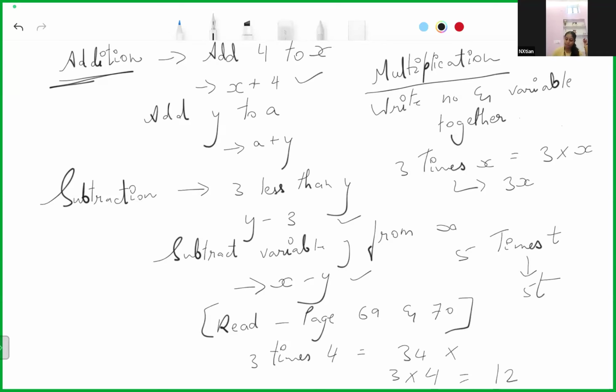But if we have x times y, xy. If we have both variables, we can write it as xy. But with only numbers, we cannot write them together. We have to multiply and then write the answer. But in the case of variables, or when we have a number and a variable, or a variable and a number, we put them together and write it.